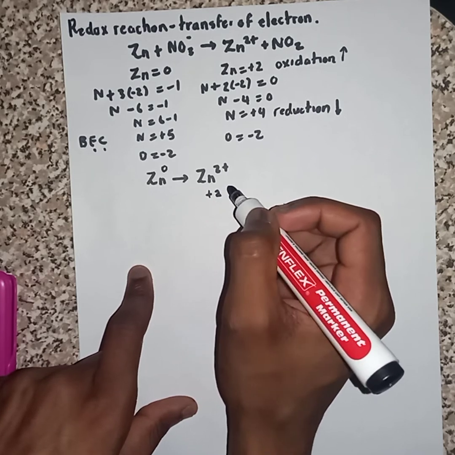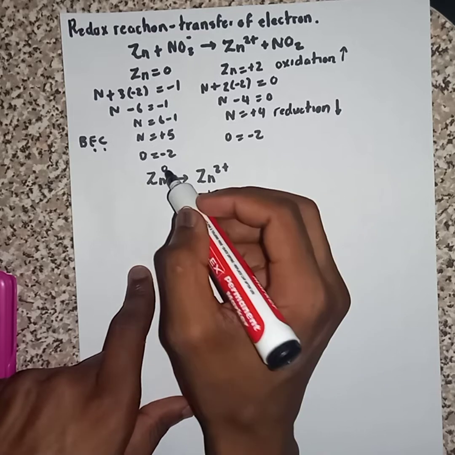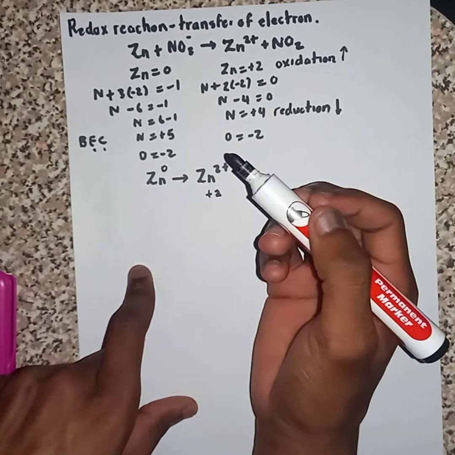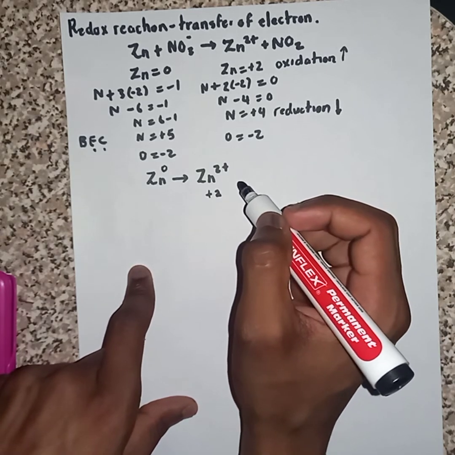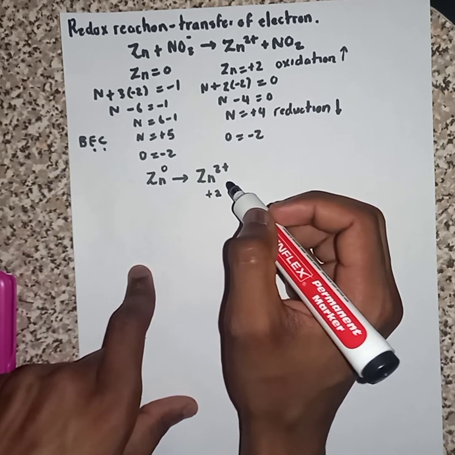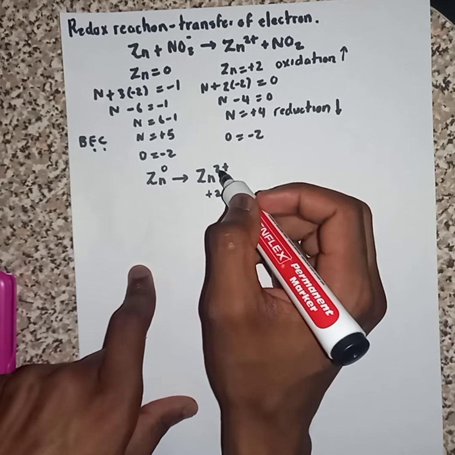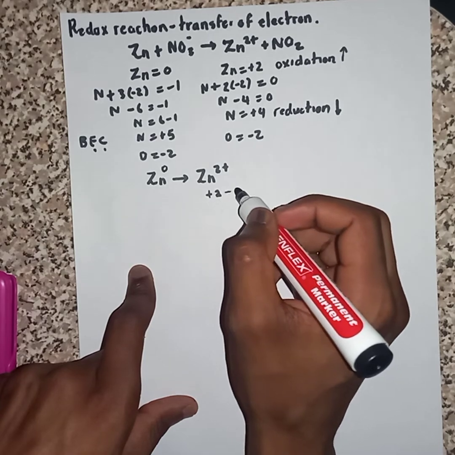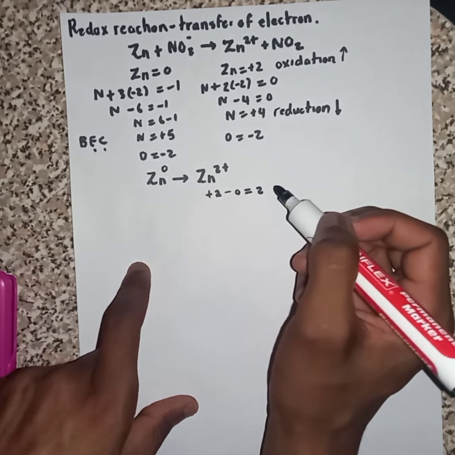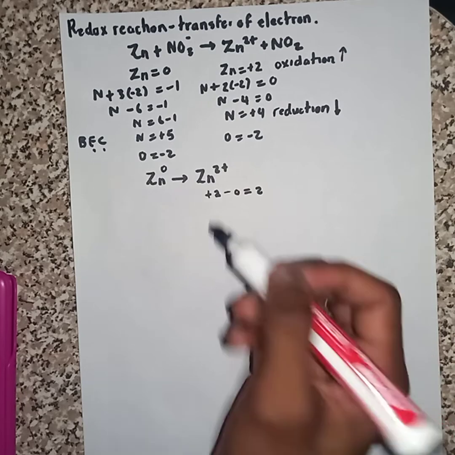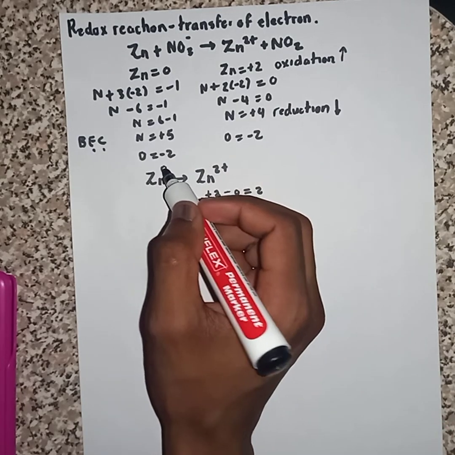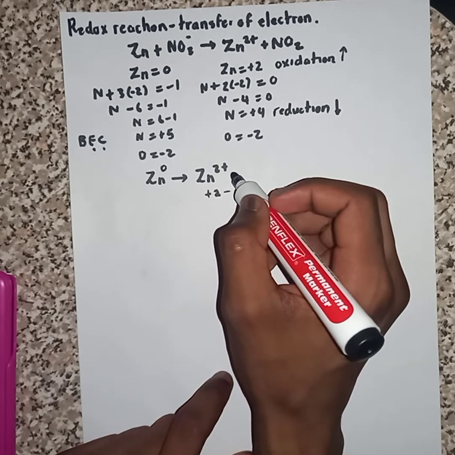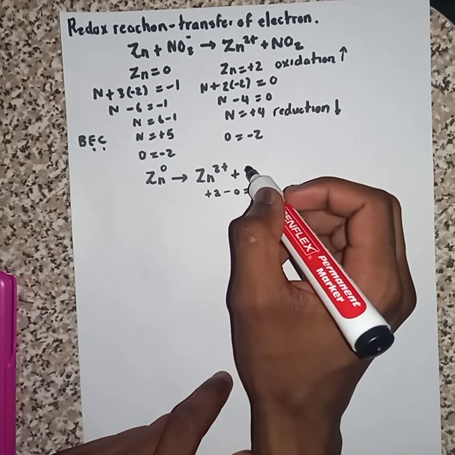What number do we need? In a simple way, just say 2 minus 0, you get 2. It is so simple that way. You say this 2 minus this 0, then you get +2, and you put it on this side.